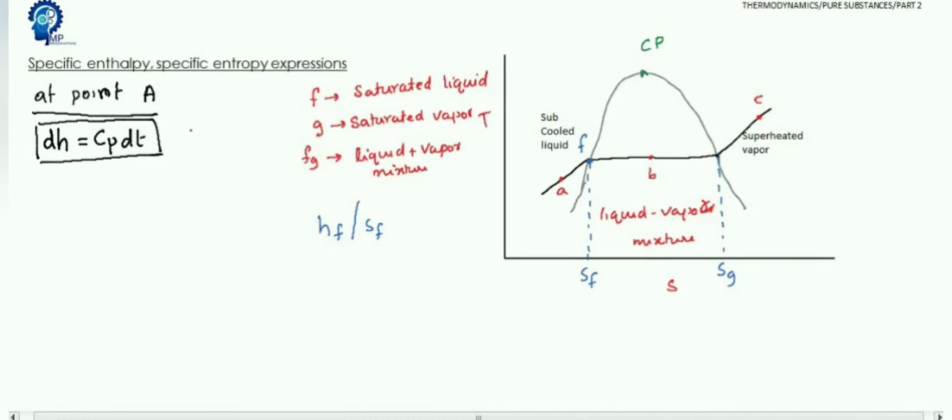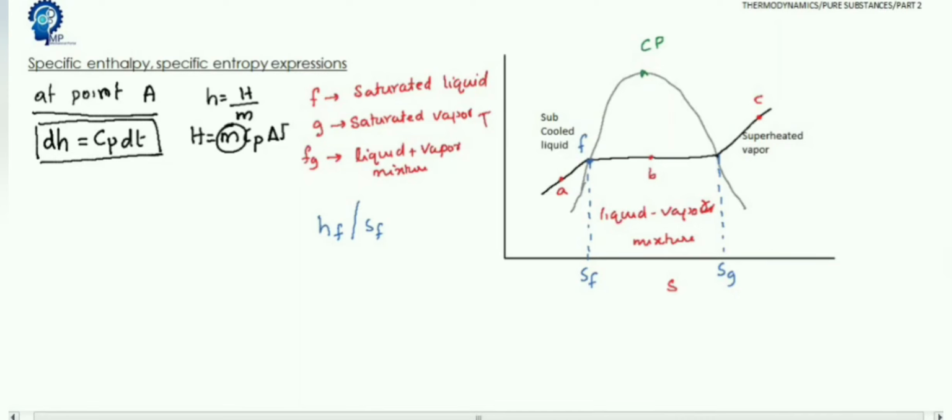If it's enthalpy, then it will be H equal to m Cp delta T, where m is the mass. We are considering specific enthalpy, so m is not considered. That is, specific enthalpy equals enthalpy by mass. Enthalpy per kilogram is the specific enthalpy.